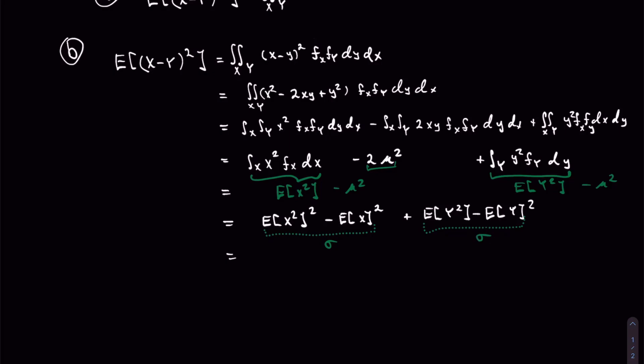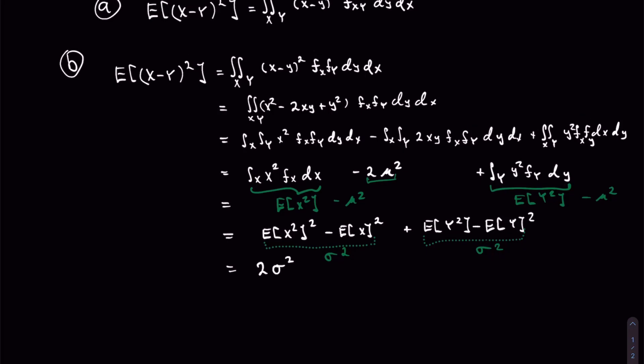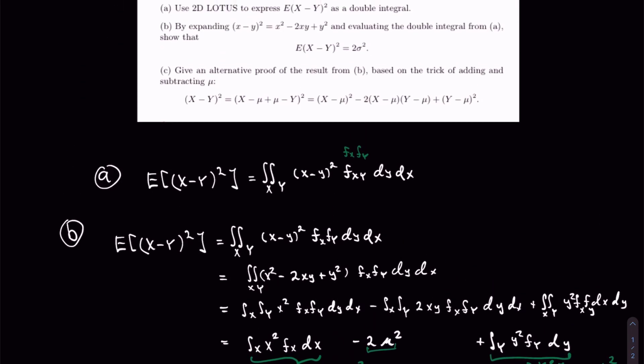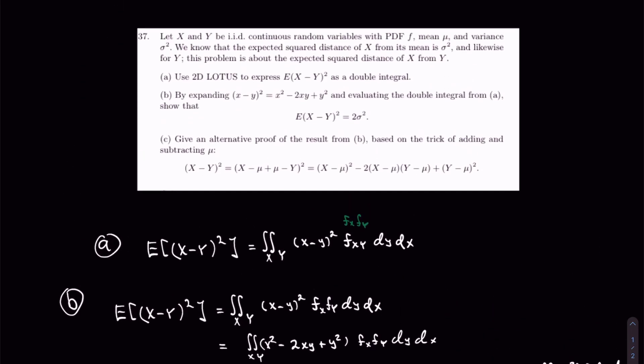And so the result is indeed 2 sigma, sorry. It's going a little too fast here. Sigma squared, which is the variance. And now we have shown that this whole thing adds up to 2 variance. 2 sigma squared, sorry. Too many things going on here simultaneously in my mind.